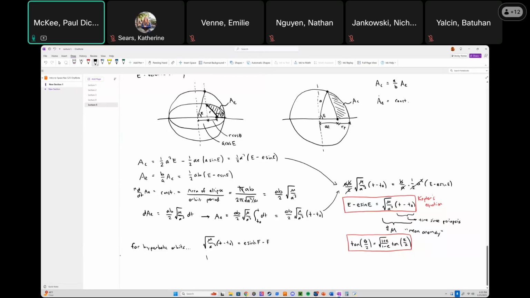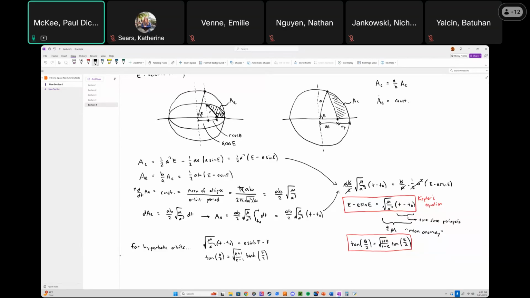And then you can also say that the tangent of theta over 2 is equal to the square root of (e plus 1) over (e minus 1) times tanh of F over 2, hyperbolic sine and hyperbolic tangent not being the same thing as sine and tangent. So those are useful for hyperbolic orbits.